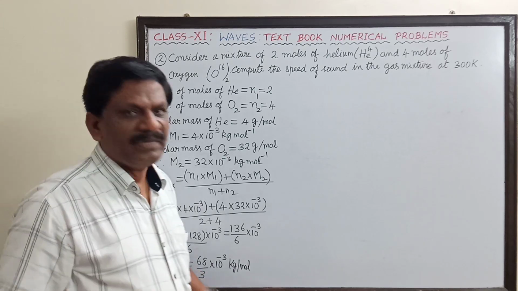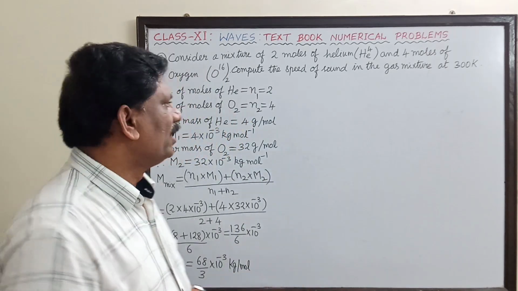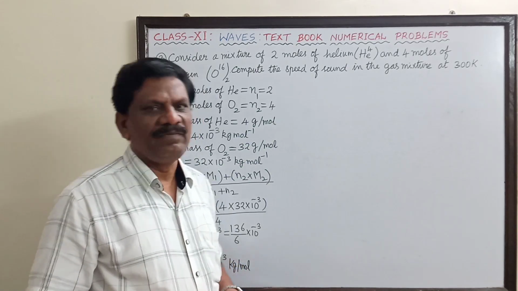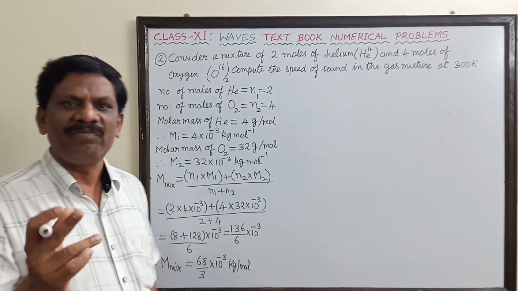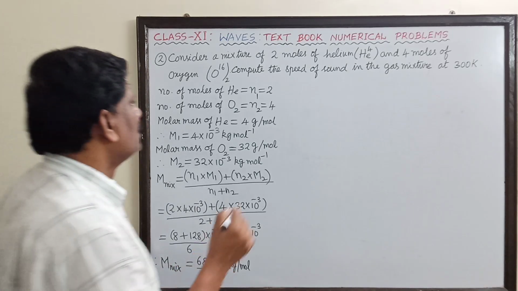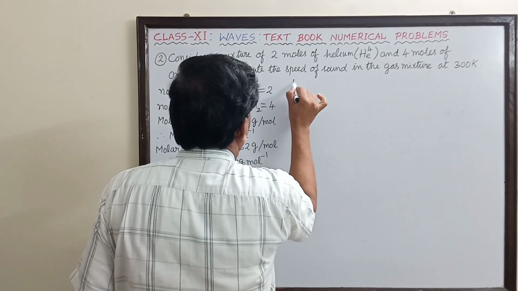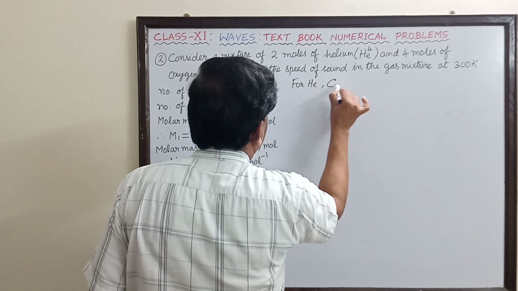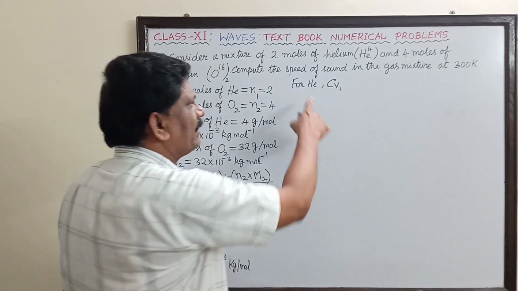So the mass of the mixture we have to find out first. Secondly, we have to find out the values of Cp and Cv. Then we take the ratio Cp by Cv, which is equal to gamma, for the mixture. I will take first helium. For helium, Cv is taken as Cv1.